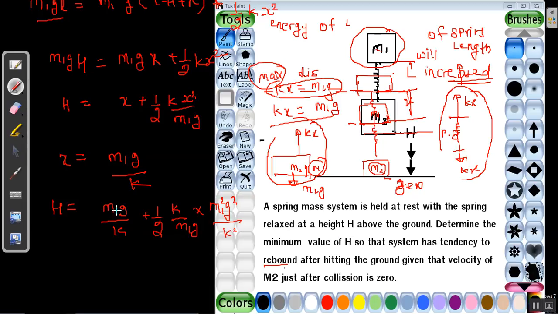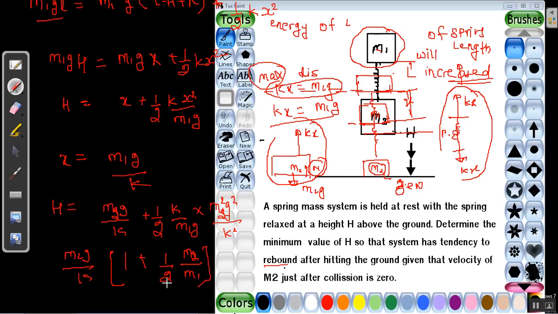Okay guys, sorry, this will be m2 g. If you look at this, I can take m2 g by k as a common, and I'll find 1 plus 1 by 2, and here will be m2 by m1.